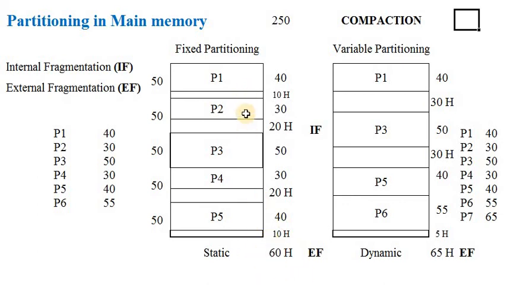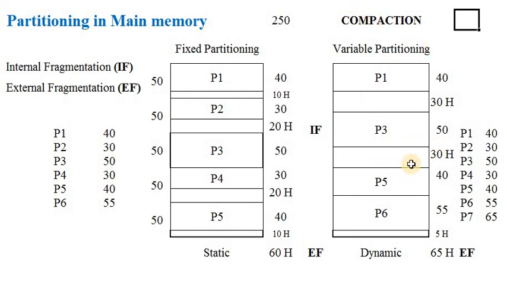When you pull all these holes together to one place, you get a large hole with the size 60. Whenever there is a large hole in contiguous address locations, then this P6 can be allocated into the main memory. That is called compaction.